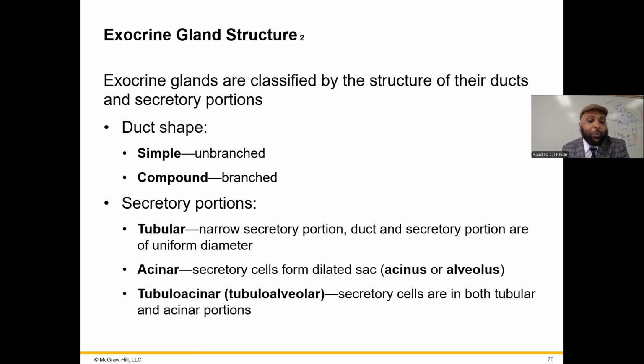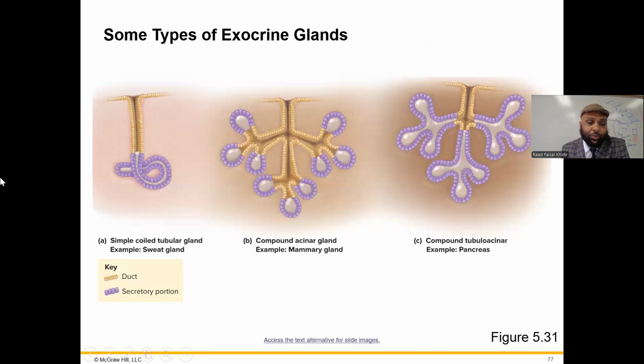The secretory portions are the tubular or the narrow secretory portion, and the duct and the secretory portion are of a uniform diameter. While in the acini or the acinar, the secretory cells form a dilated sac, known as the acinus or the alveolus. There are tubulo-acinar, tubulo-alveolar secretory cells that are in both tubular and acinar portions.